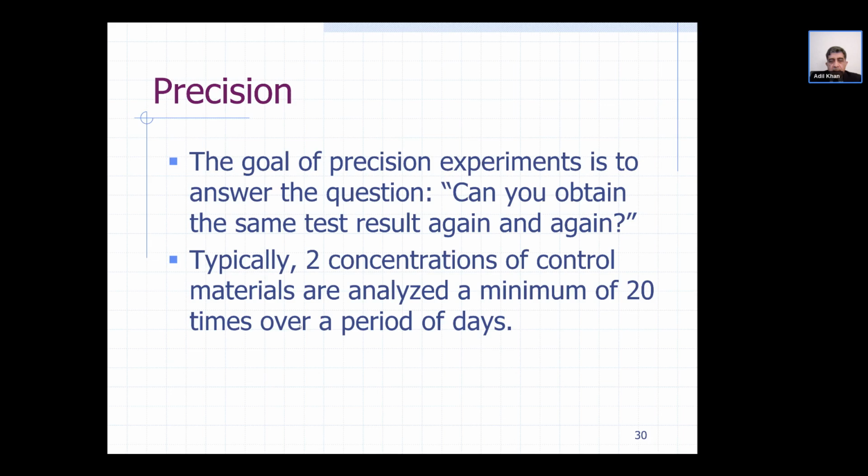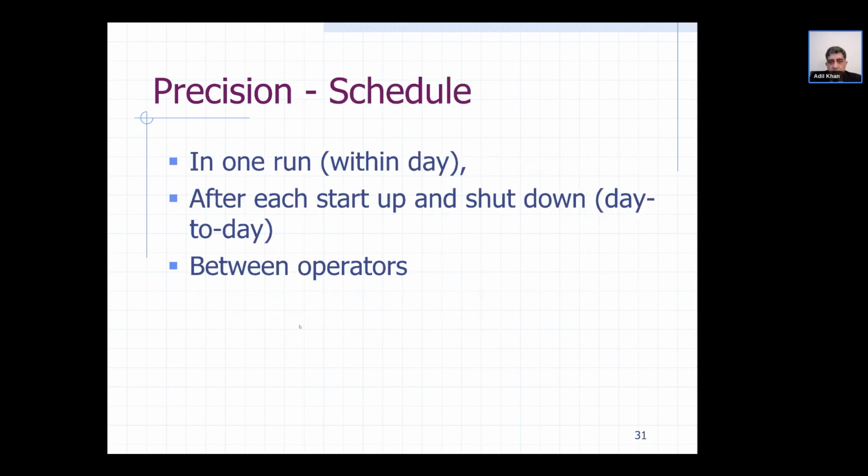There are a number of different types of schedules. There's one known as within-day, where you run one of the concentrations 20 times in the same day, in the same run. Then there's day-to-day, where you run it between days, after each shutdown and startup. And then you use different operators as well to see if that can affect it.